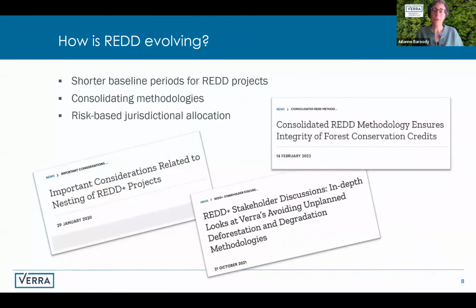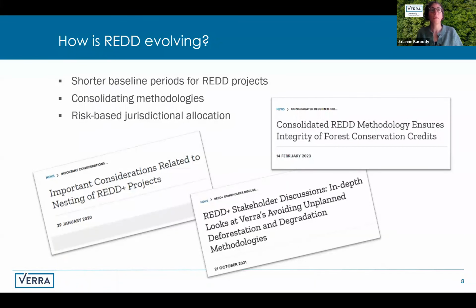We've already implemented some of those changes that I referenced. One of the steps that we took was to implement shorter baseline periods for REDD, as research showed that shorter baseline periods are more appropriate.